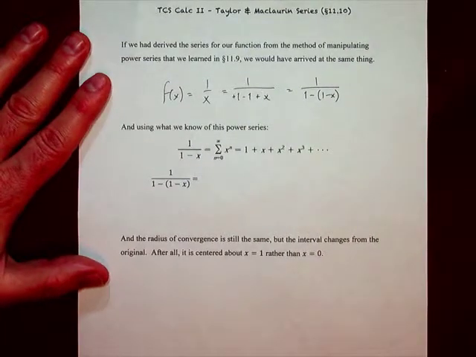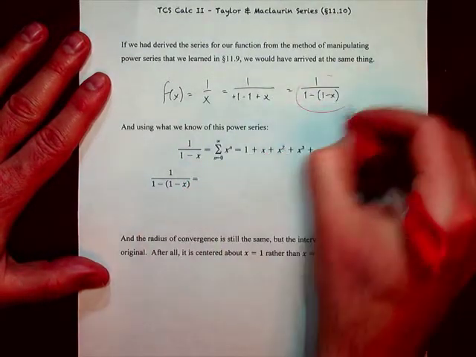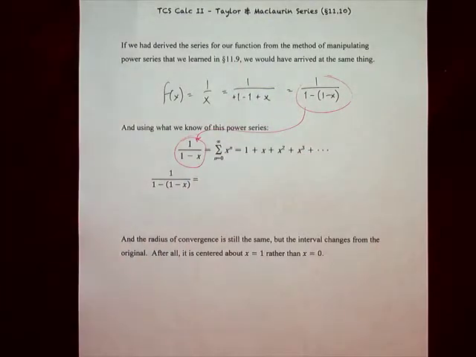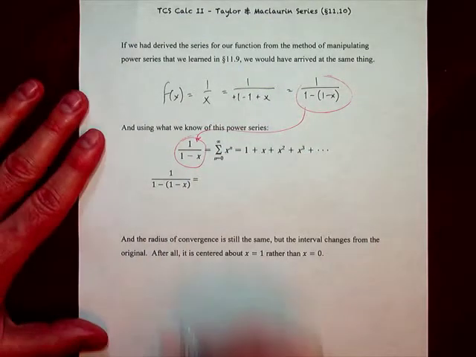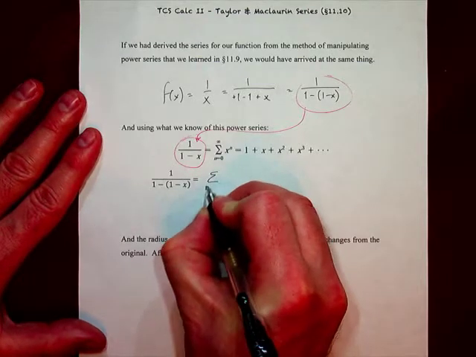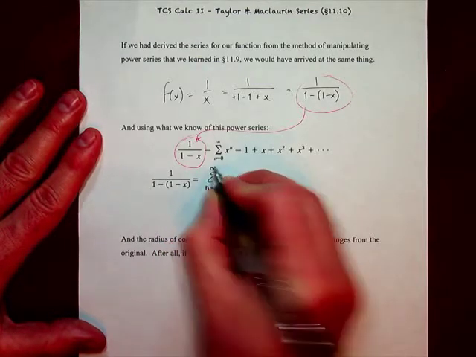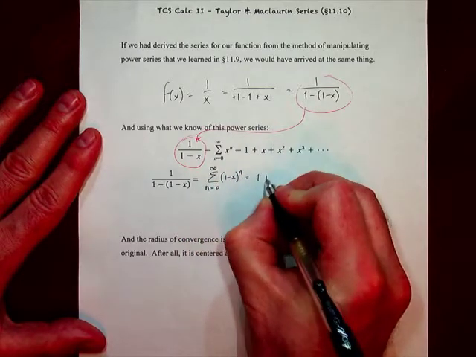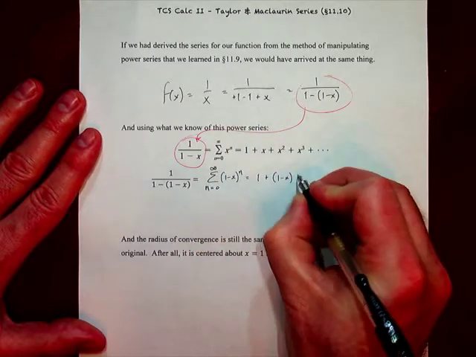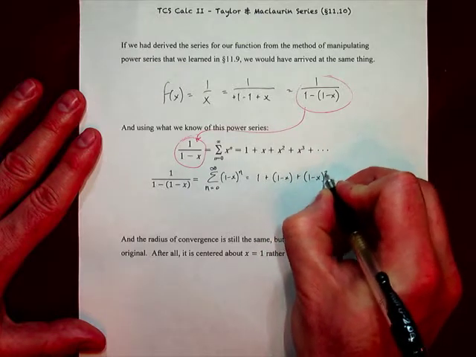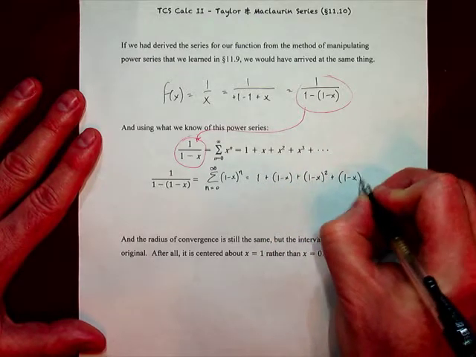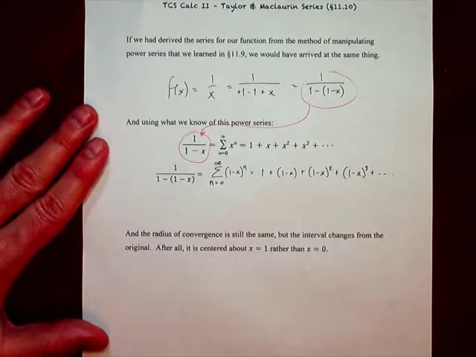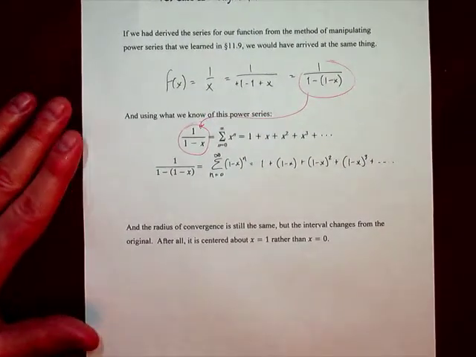And so it's of the same form as that one, but instead of x, it's got a 1 minus x, okay? So that gives us, of course, the sum from n equals 0 to infinity of 1 minus x to the n, or 1 plus 1 minus x plus 1 minus x squared plus 1 minus x cubed. And of course, that was exactly what we got back on the previous page, okay?